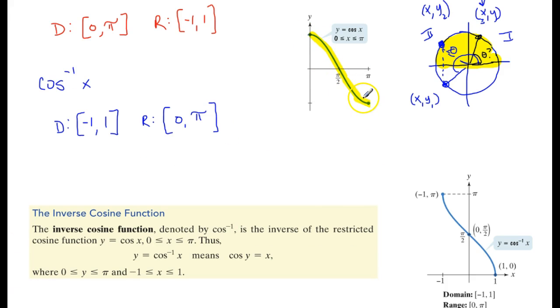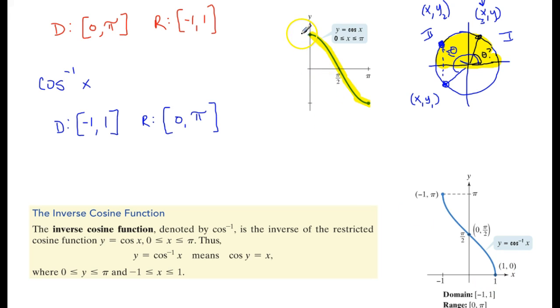So here's the little part of the cosine function we're dealing with. If we rotated that 90 degrees back and then flipped it horizontally, we would get this graph, where -1 is the smallest value that corresponds to pi. When -1 goes in, pi comes out. And then when 1 goes in, 0 comes out.